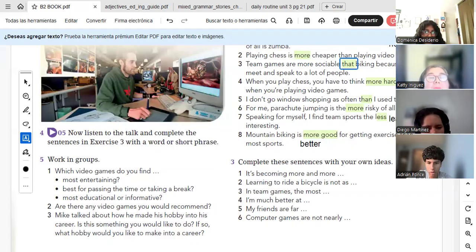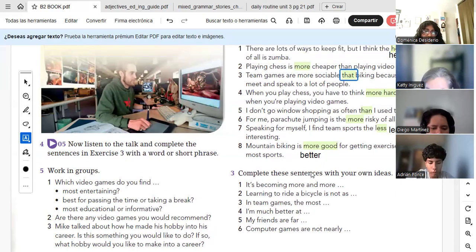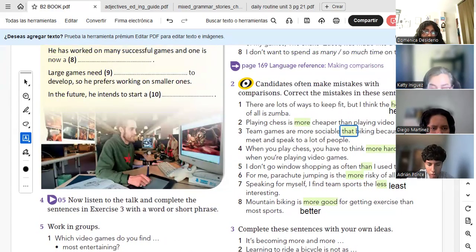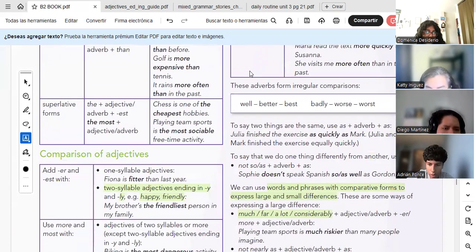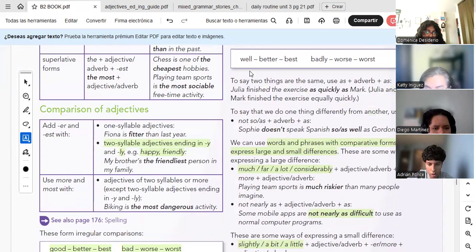Mister, I have a question on page 169. Yes, Katie, go ahead. The most far allows considerable adjective adverb plus er, and the other phrase, more adjective adverb.